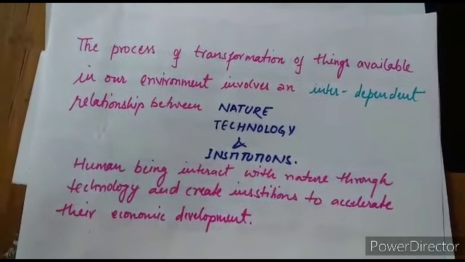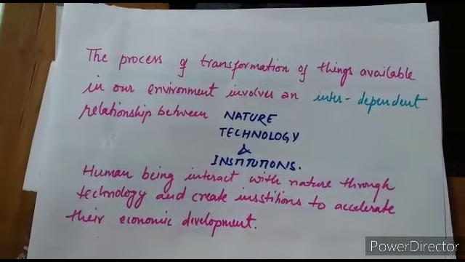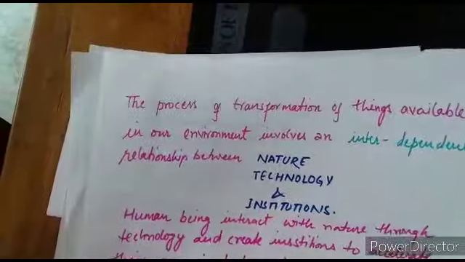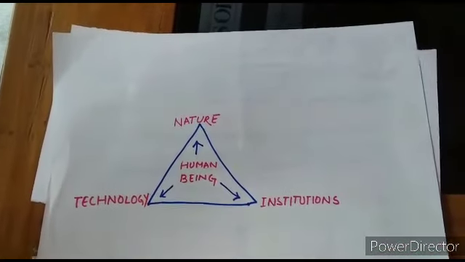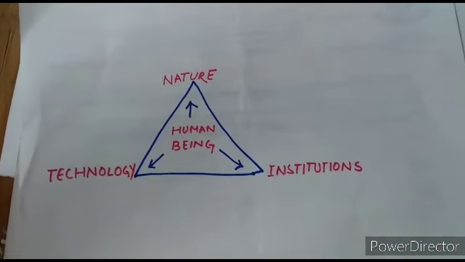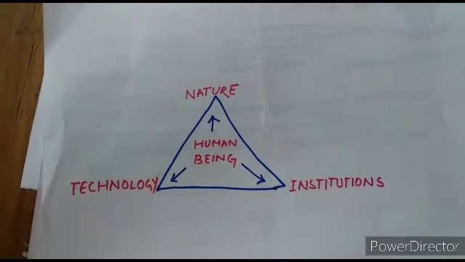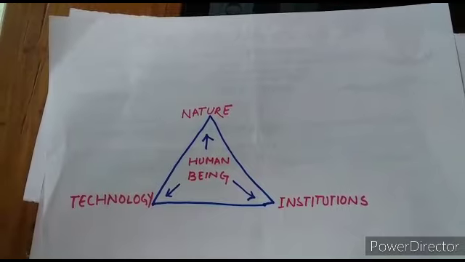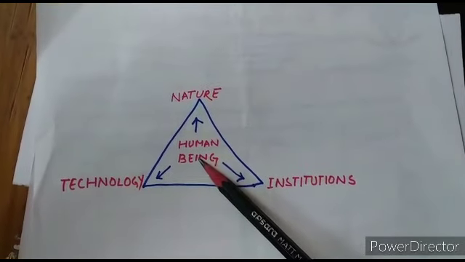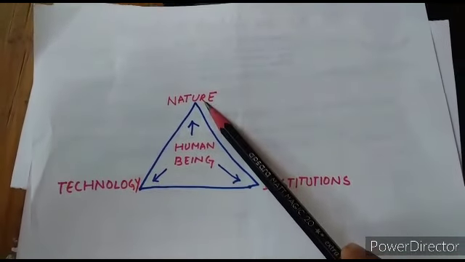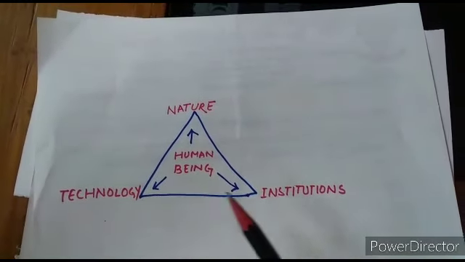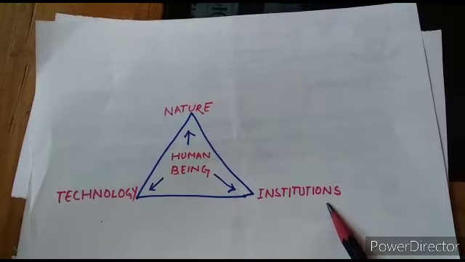What does this trio define? We have to look through a diagram. We can understand this. You see, the human being is in the core, and the human being is interacting with nature with the help of technology for the institution.